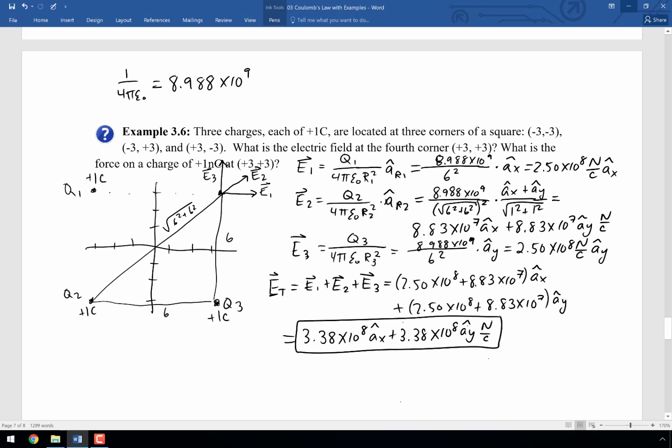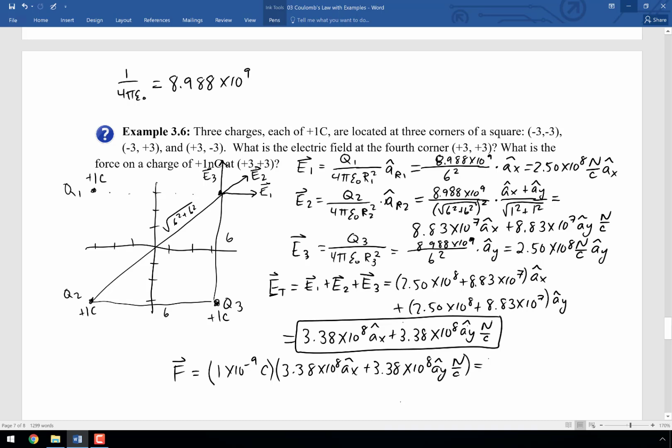And then we are also asked to find the force, and the force on a 1 nano Coulomb charge. So this is 1 times 10 to the minus 9th coulombs multiplied by 3.38 times 10 to the 8th a sub x plus 3.38 times 10 to the 8th a sub y newtons per Coulomb.